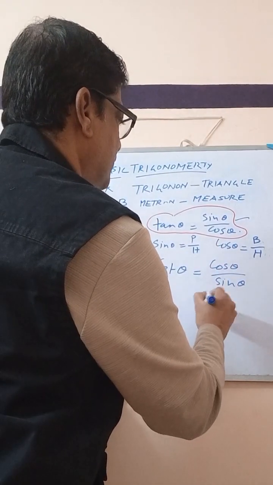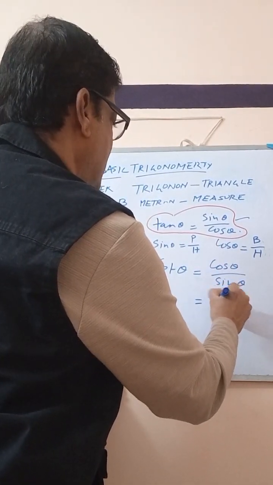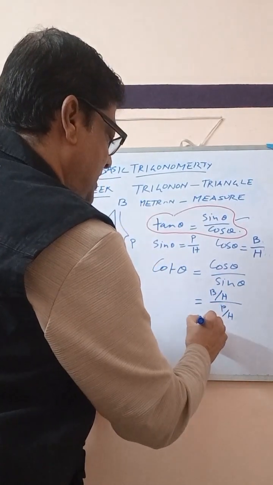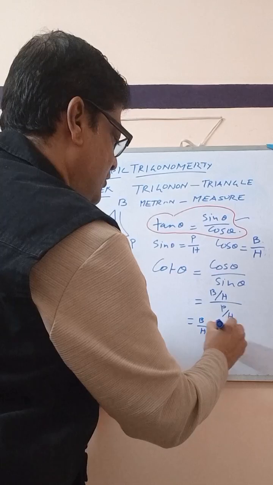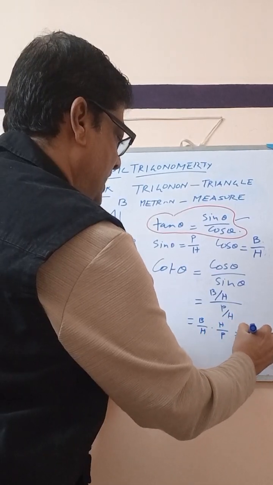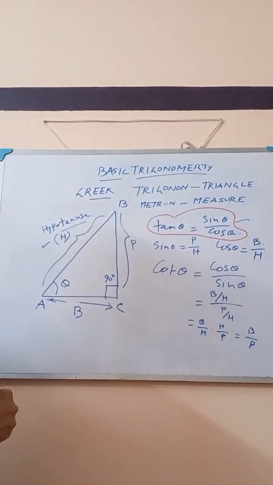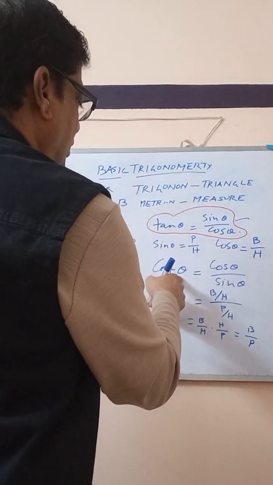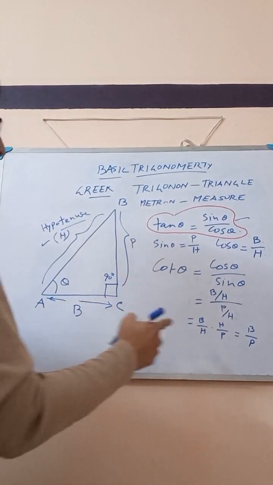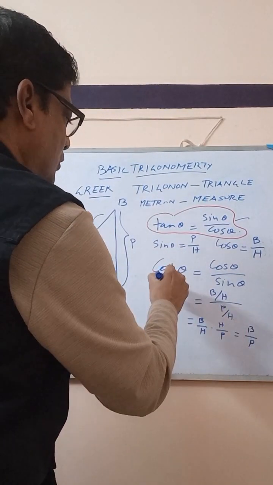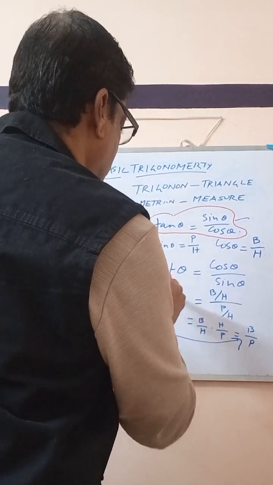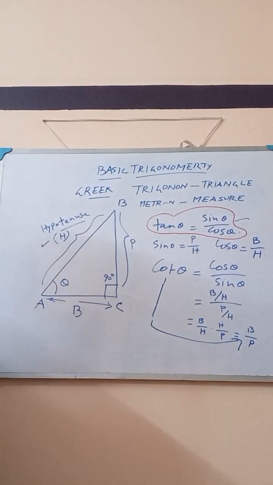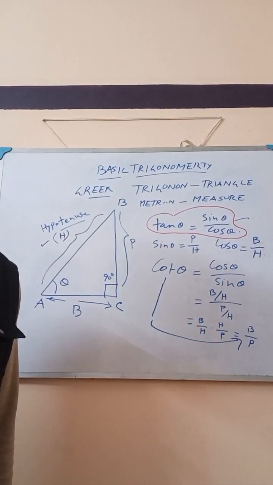Cos theta is basically B by H and sin theta is P by H. That means B by H multiplied by H by P, that means B by P. What is tan theta? Turns permanently black. And what will be cot theta? Just the opposite of tan theta, that means base by perpendicular. So cot theta is base by perpendicular, which is equal to cos theta divided by sin theta.